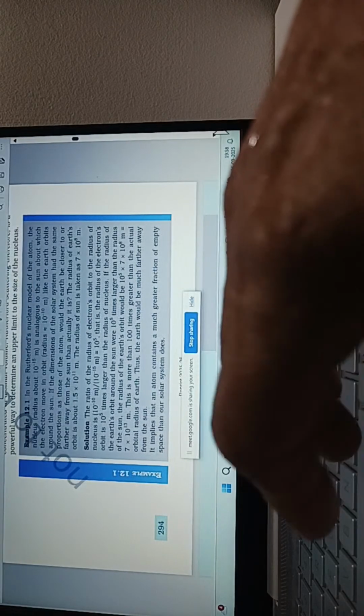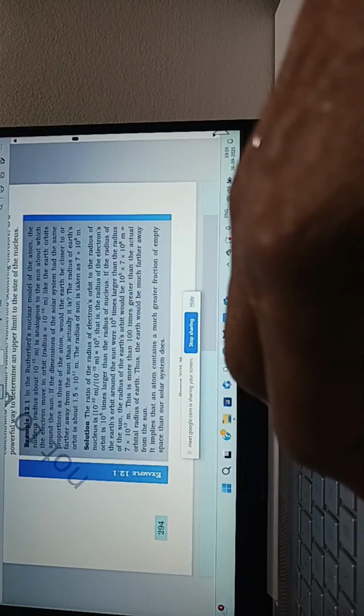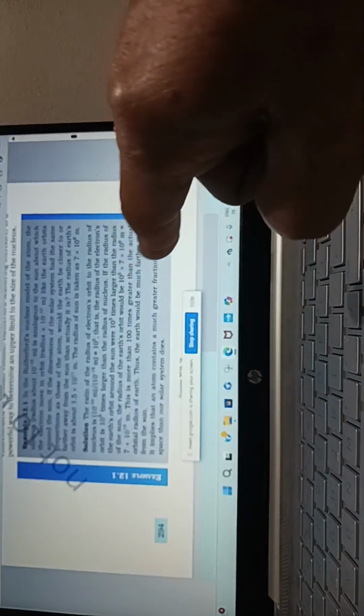Sir, first we found the distance between the orbits, and then we compared both, the orbit of the sun and the orbit of the nucleus. The radius of the orbit is directly proportional to the force experienced. What is the radius of the earth orbit?